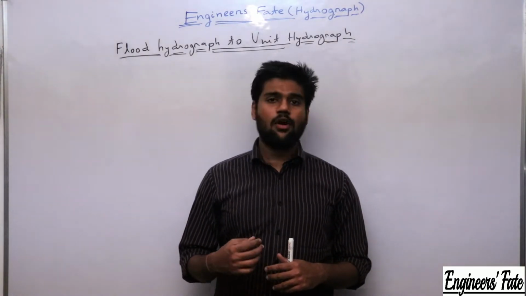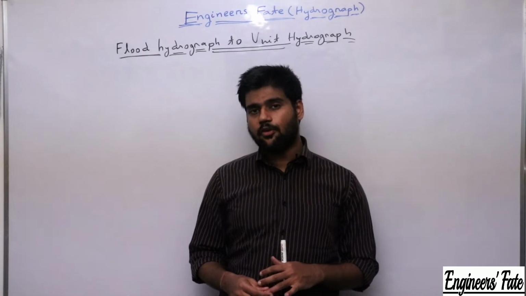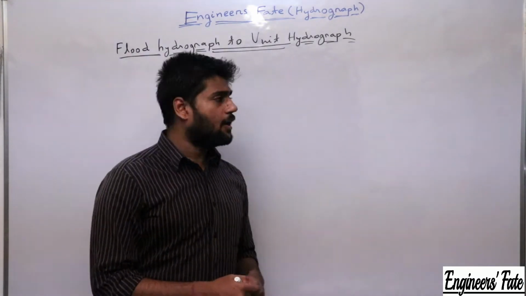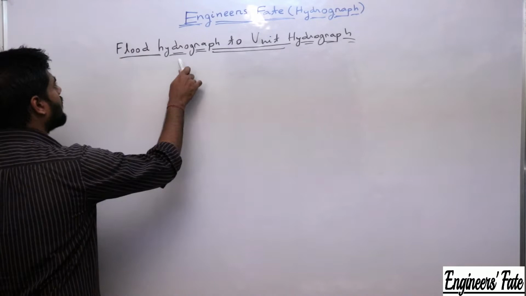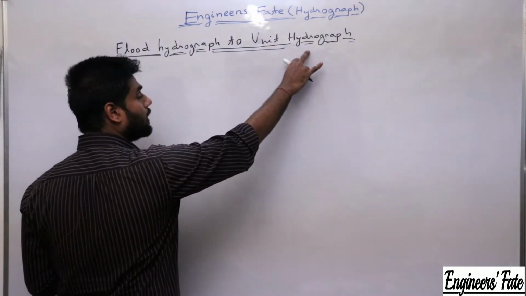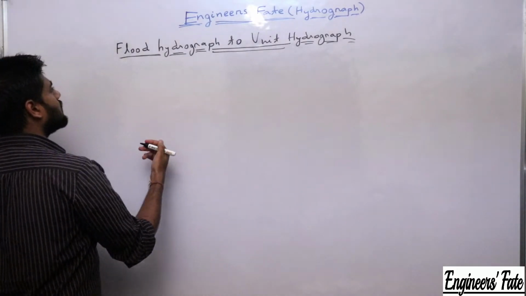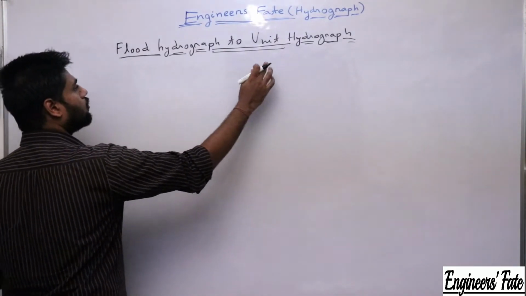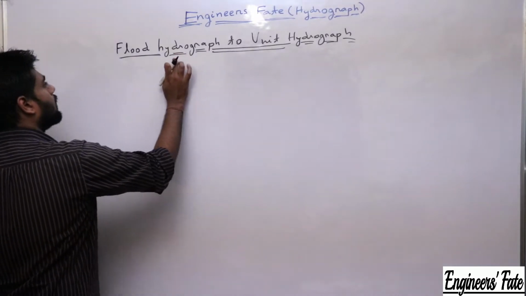But before that I want to tell about some tricks. So let's begin. If in the question flood hydrograph ordinates are given and we are asked to find unit hydrograph ordinates, the first thing is how to find the unit hydrograph ordinates from the flood hydrograph.